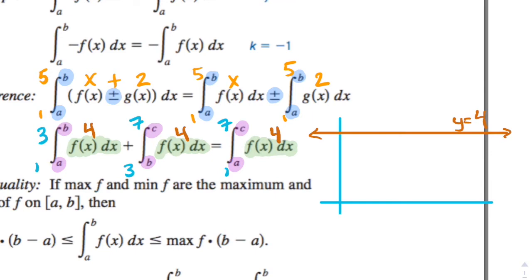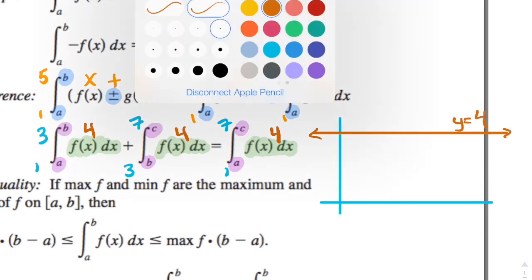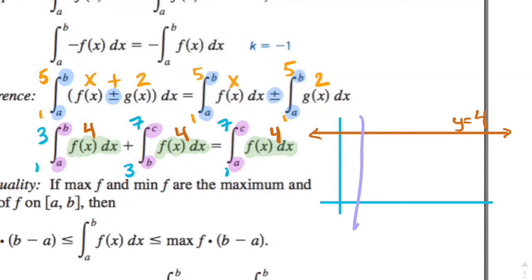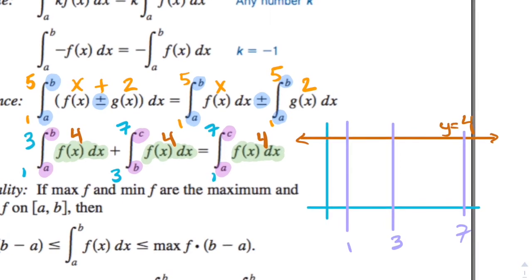Now, let's take a look at our 1 and our 7. 3 is a little bit closer to 1, not drawn to scale. The same function exists, y equals 4, in all of these cases. So let's look at the area from 1 to 3. This is the area from 1 to 3.